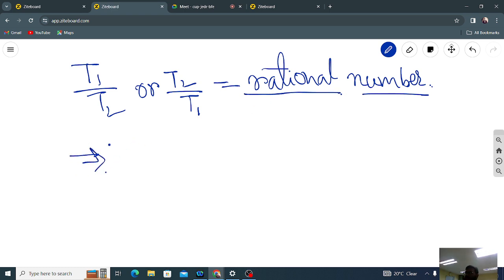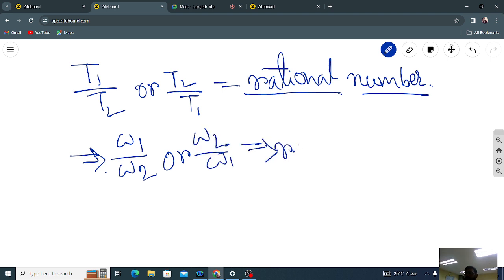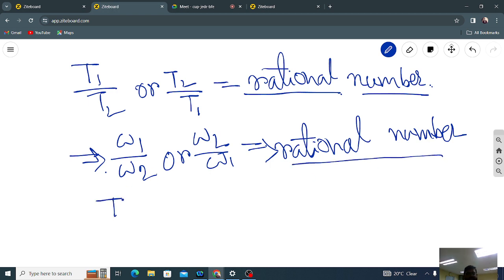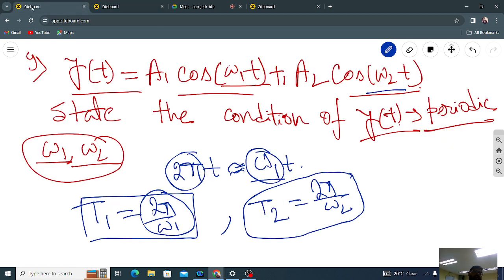From here we can conclude that omega 1 by omega 2 or omega 2 by omega 1 should be a rational number. So this is the condition, the condition we are asking for.